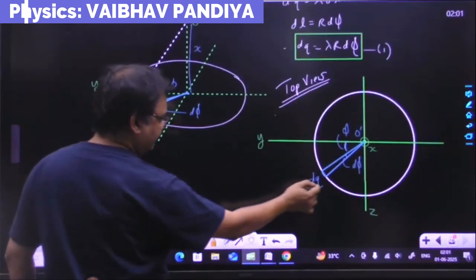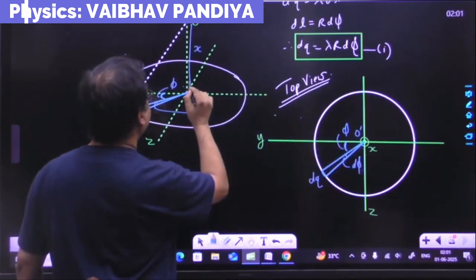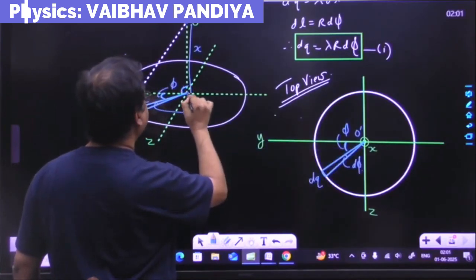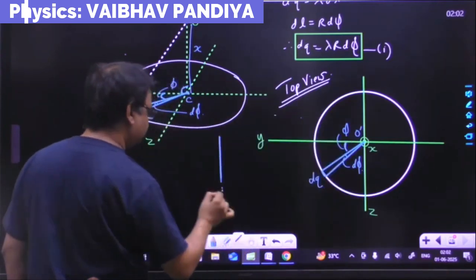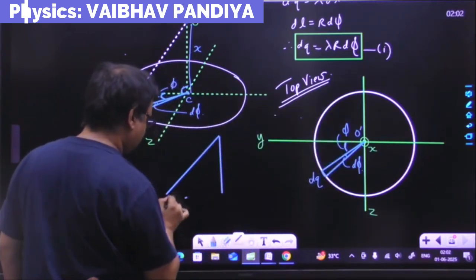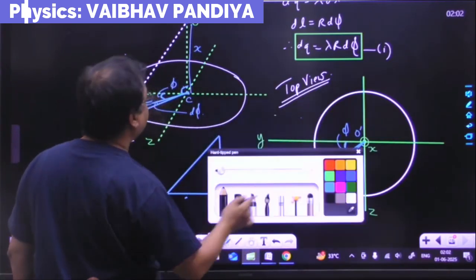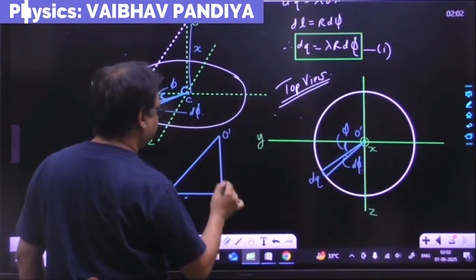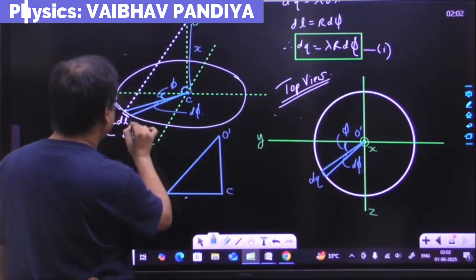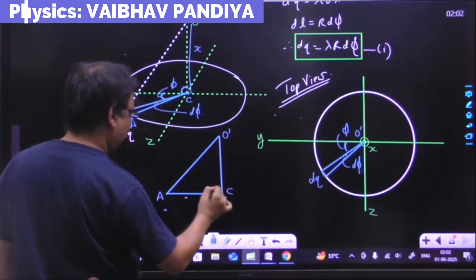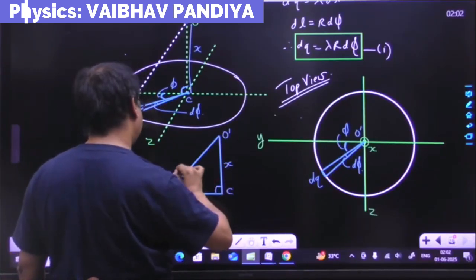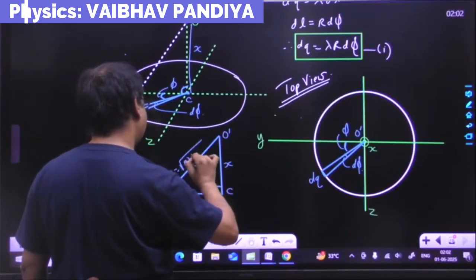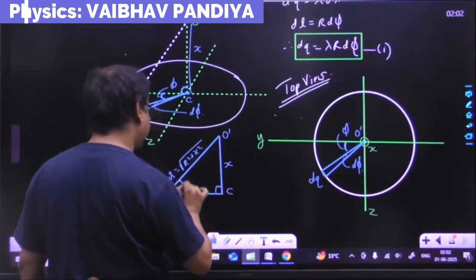So this is a right angle triangle. Clearly you can see this is a right angle triangle. Let this center be C. So I'm making the triangle O dash C A, where CA is the radius of the ring, this is x, and the hypotenuse will be root of R square plus X square. Let this angle be theta.